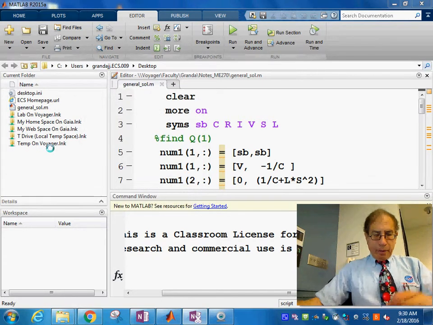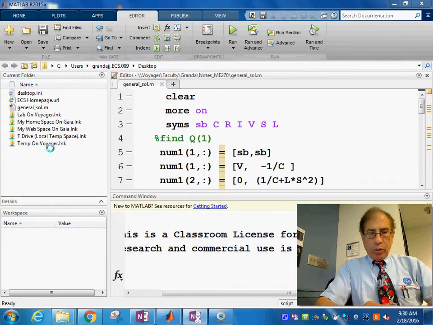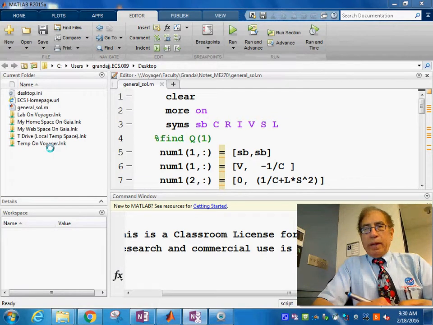This morning we are going to go through a special file that I have prepared for you to make it a general template that you can use to obtain any transfer function in symbolic form once you have obtained the differential equations of the system.